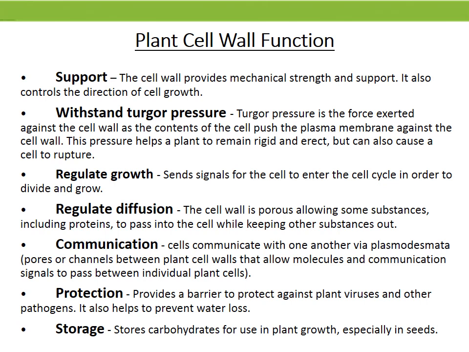Communication. They communicate with the help of plasmodesmata to the different cells. Provides a barrier to protect against plant viruses and other pathogens. It also helps to prevent water loss. They store carbohydrates for use in plant growth, especially in seeds.